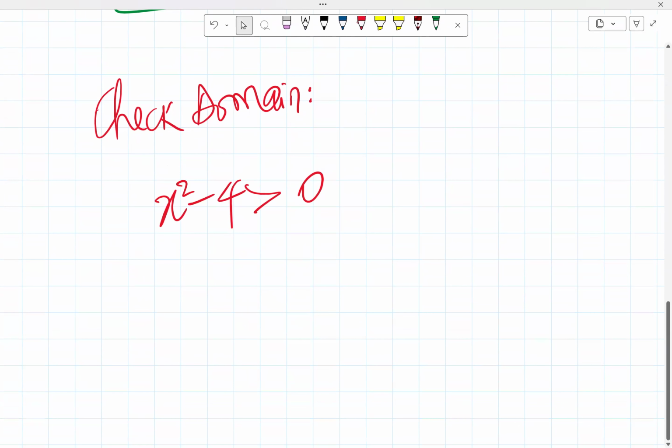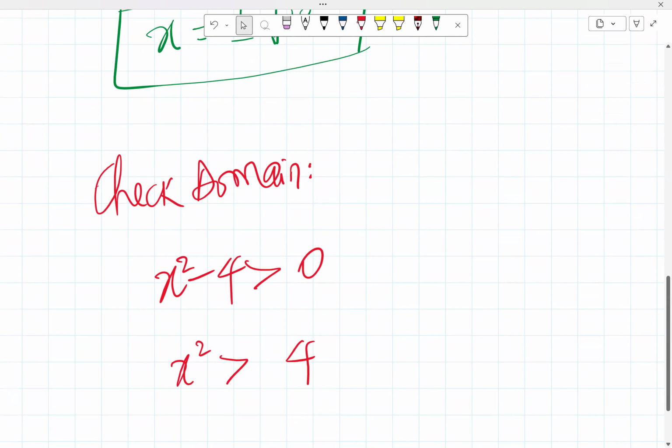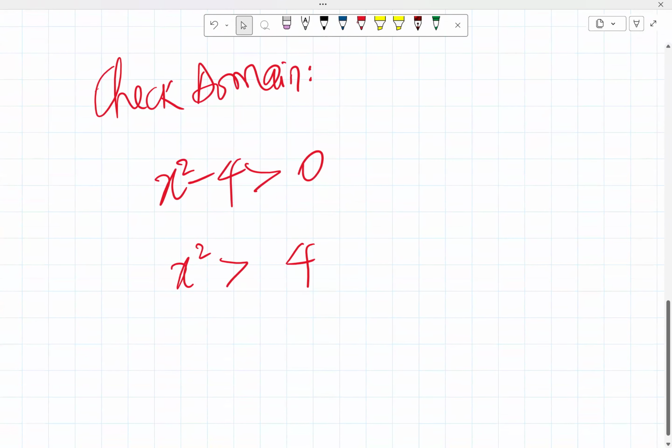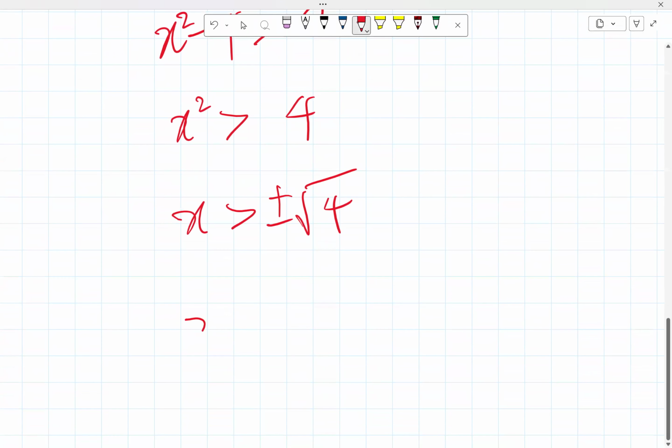What that simply means is that x squared is greater than 4. So for x squared to be greater than 4, x itself must be greater than plus or minus square root of 4. If you take square root of both sides, that means that x must be greater than plus or minus 2.